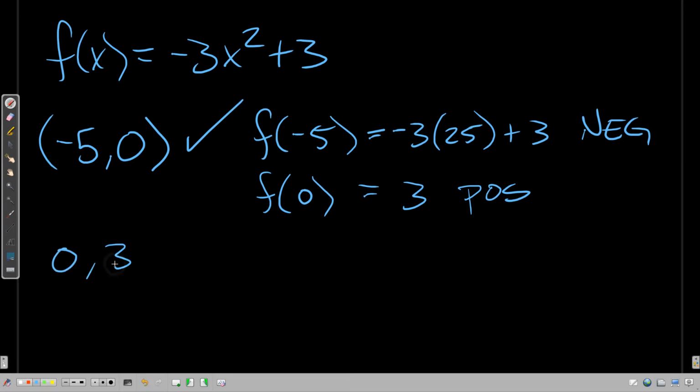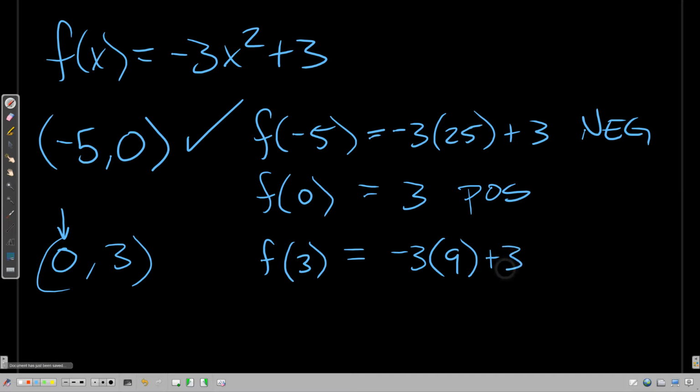The next interval to check was from 0 to 3. Well, we already have that f of 0 is positive, so we know that f was a positive number on this interval. What happens at f of 3? F of 3 is -3 times 9 plus 3. Again, this is negative.